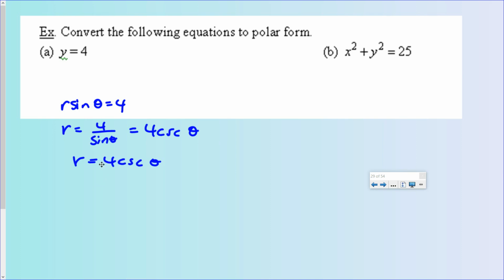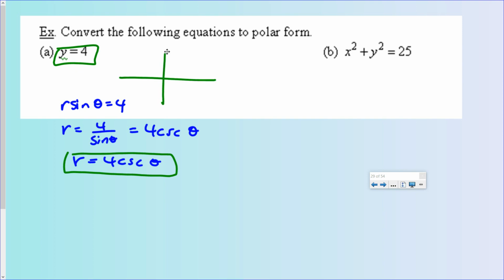Okay. What that means, which is kind of interesting, is that if you graph this, it looks exactly like this graph. So how do you graph y equals 4? What does y equals 4 look like? This graph, believe it or not, is going to look just like this graph. Well, how do you graph this one? You would just do a theta-r table.